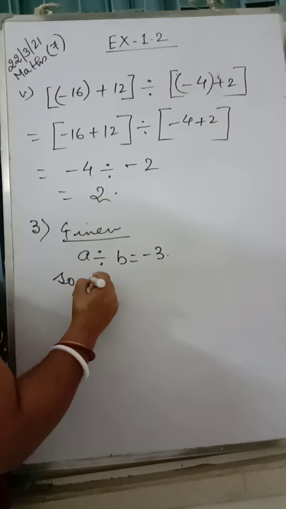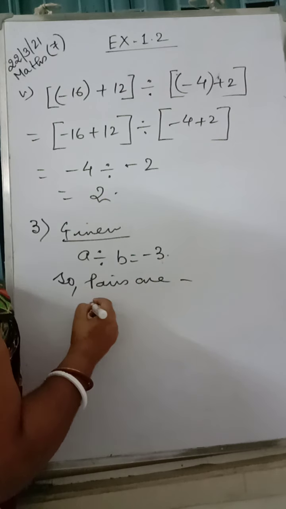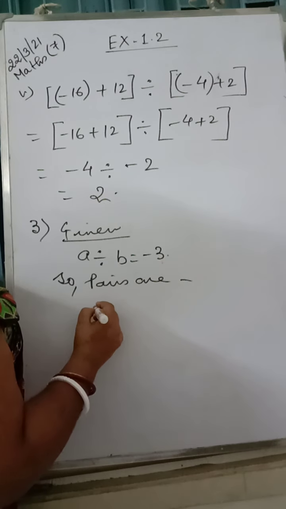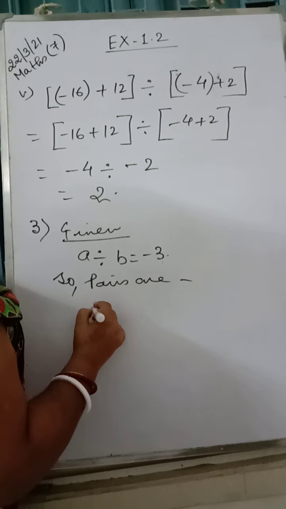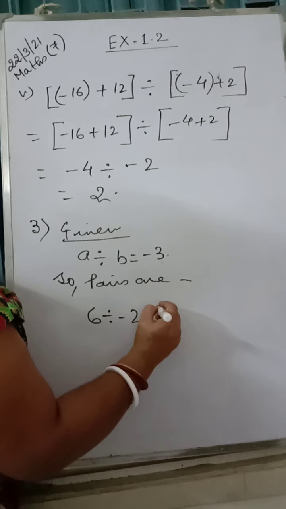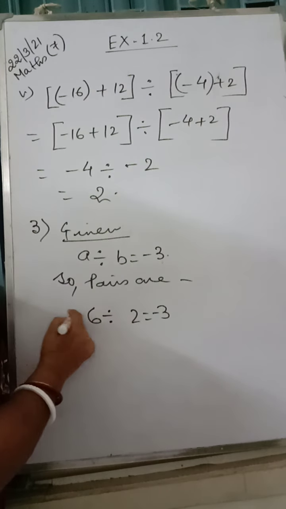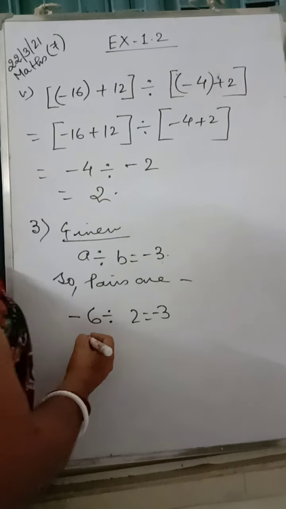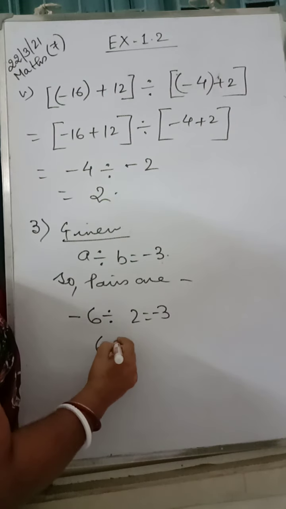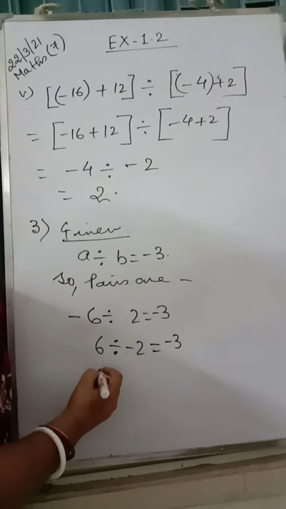So the pairs can be 6 divided by minus 2 is minus 3, or minus 6 divided by 2 is minus 3.